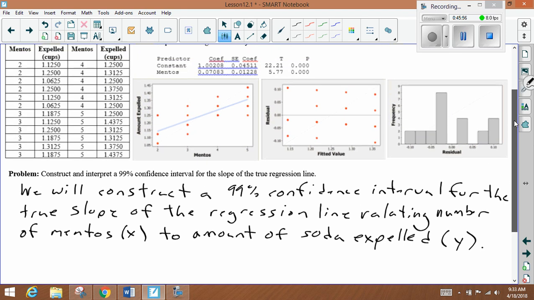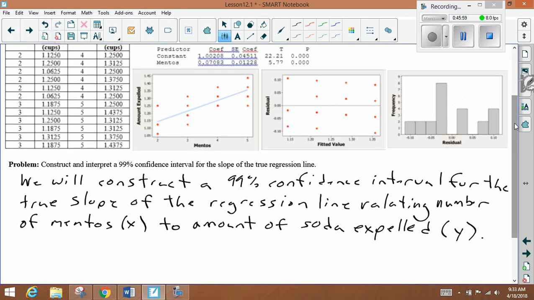and if I wanted to get super extra, I could actually write what that regression line is, right? It's going to be y hat is equal to 0.07807... 083 x plus... That's our regression line, right?